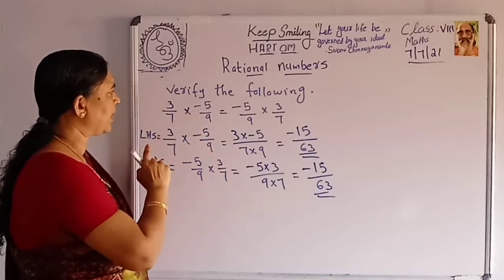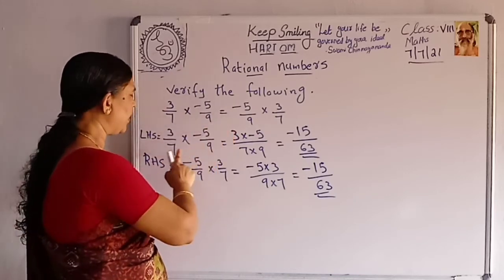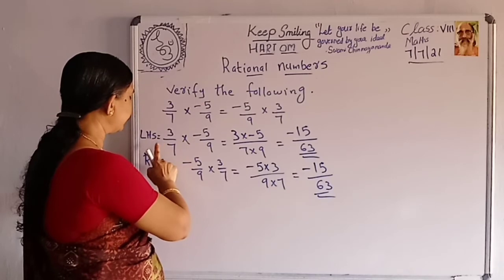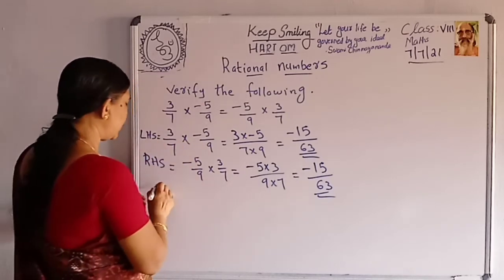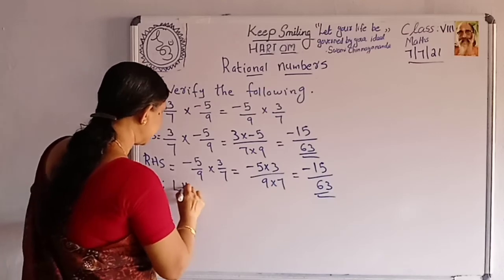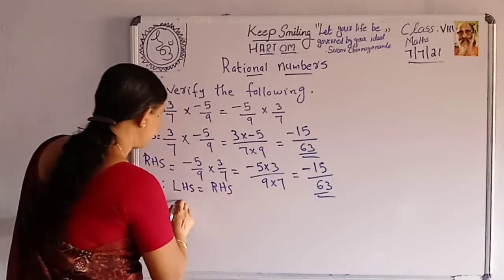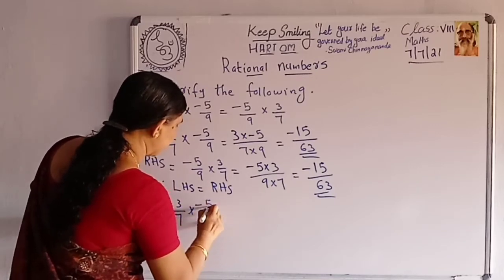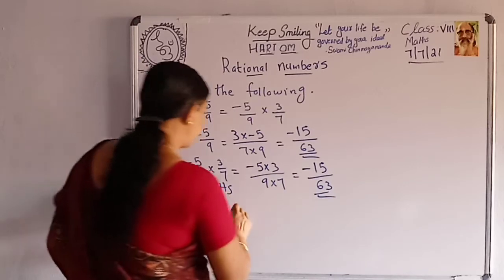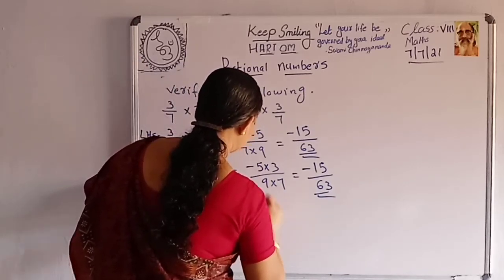To verify means first we simplify the LHS and then simplify the RHS separately, then check whether they are equal. That is verification. Therefore, here LHS is equal to RHS. That is 3 by 7 into minus 5 by 9 is equal to minus 5 by 9 into 3 by 7.